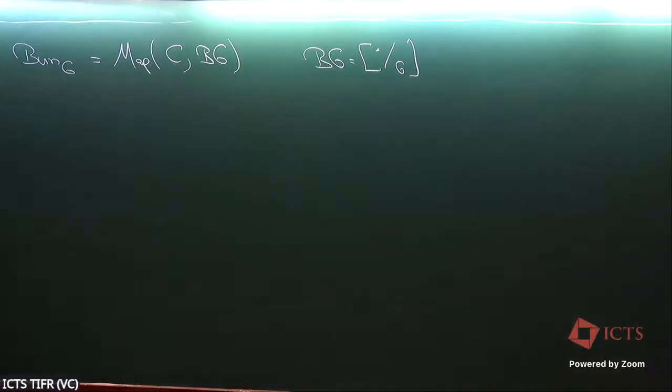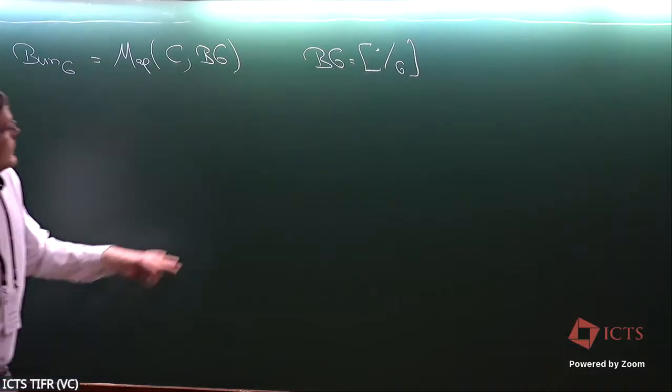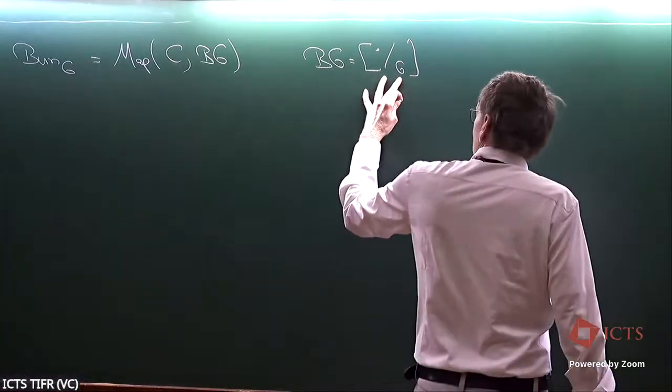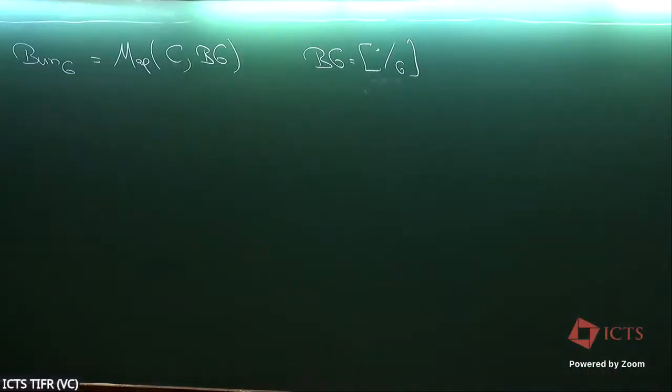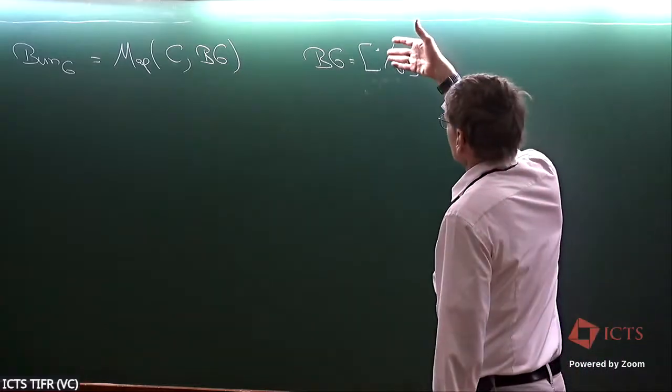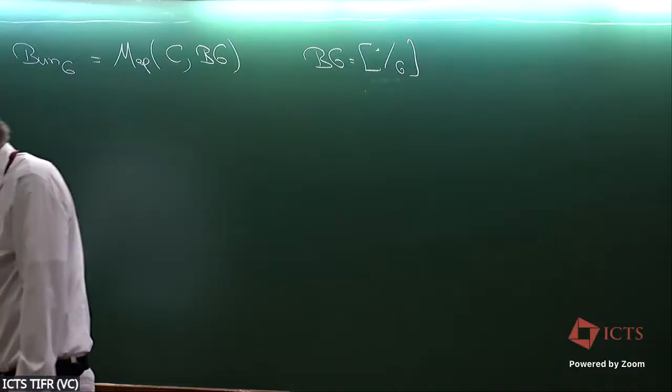That's by definition what G-bundles are, and it took a while for algebraic geometers to make sense of this. For me, BG is the algebraic stack that you obtain by taking a trivial action on a point and taking this quotient. And how do you think of maps into this?